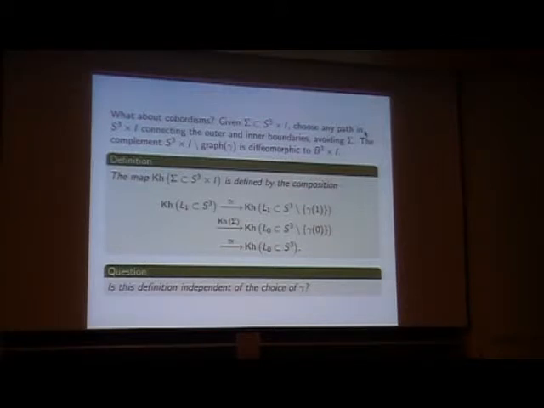Okay? We haven't done very much. But that's a definition of the linear map associated with a cobordism in S3 cross I. We did make a choice here. We chose some path gamma, and we have to ask, was this definition actually independent of the choice of gamma? But we're going to kick that one down the road and answer that a little bit later.